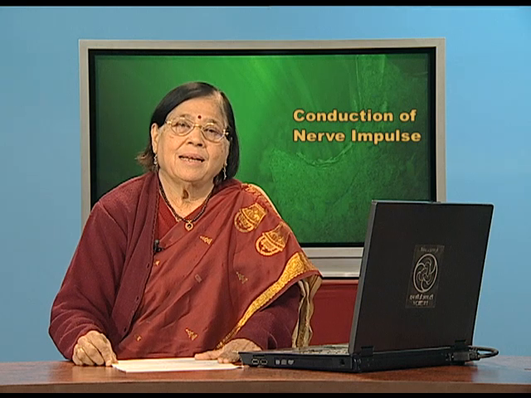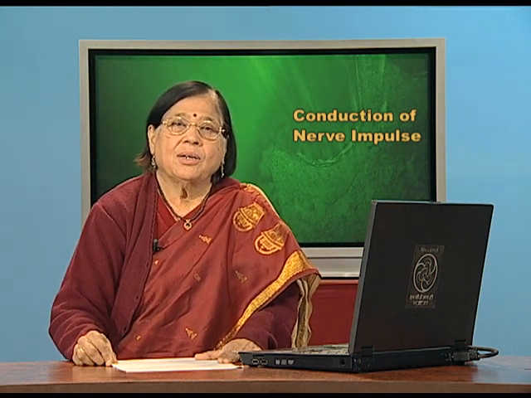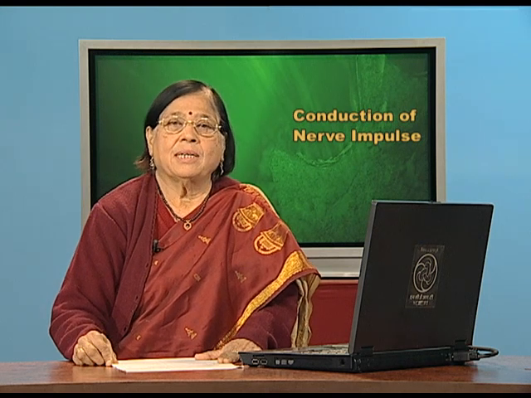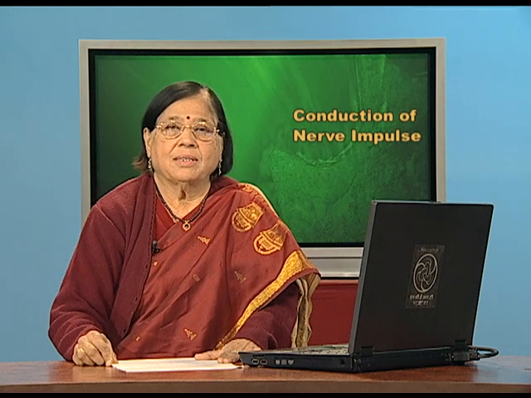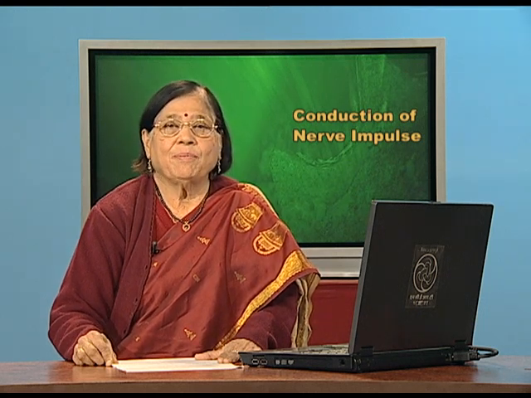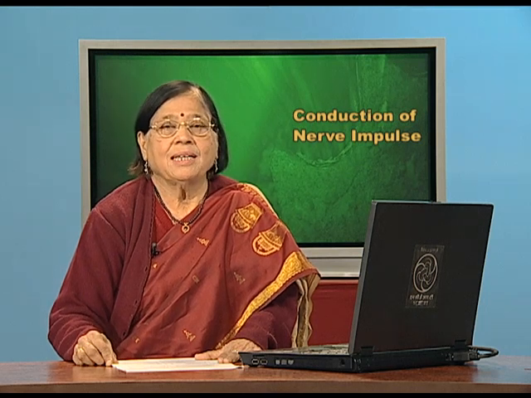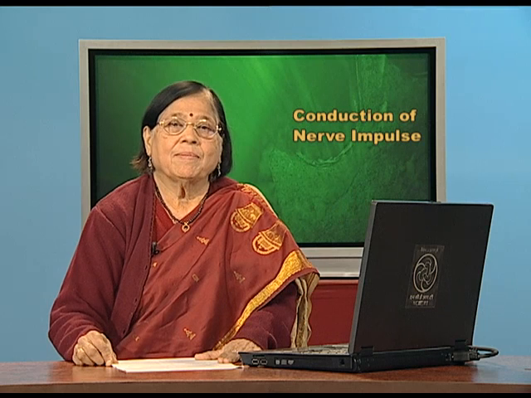The main point here is that in a resting condition, or which is also called polarized condition, in any axon of a nerve cell, the outer side of the membrane is positively charged and inner side is negatively charged.